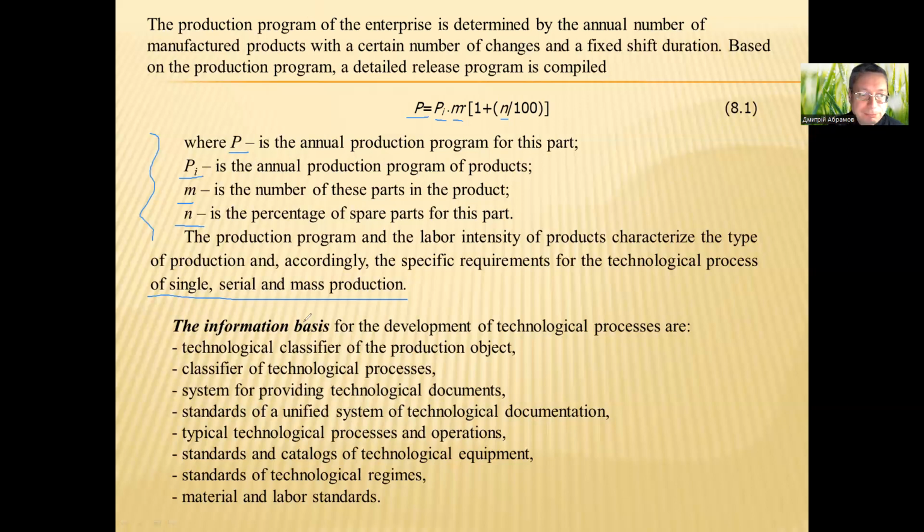The information basis for the development of technological process are: technological classifier of the production object, classifier of technological processes, system for providing technological documents, standards of a unified system of technological documentation, typical technological processes and operations, standards and catalogs of technological equipment, standards of technological regimes, material and labor standards.